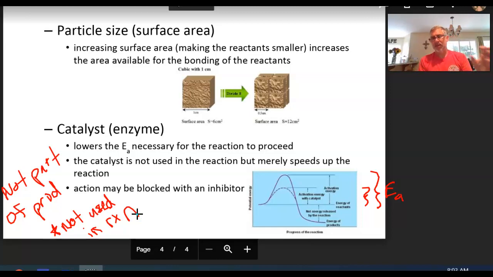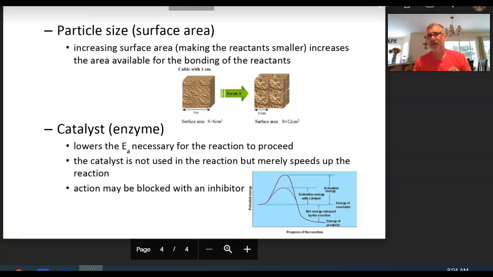So the catalyst, once that reaction is complete, it simply releases and finds more reactants to put together. Kind of like a biological enzyme. Really short, really sweet.